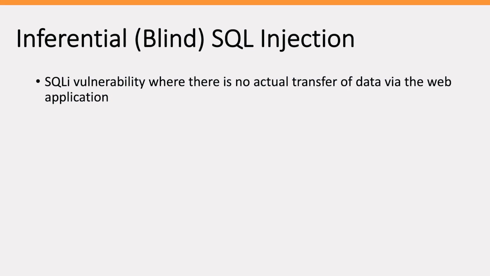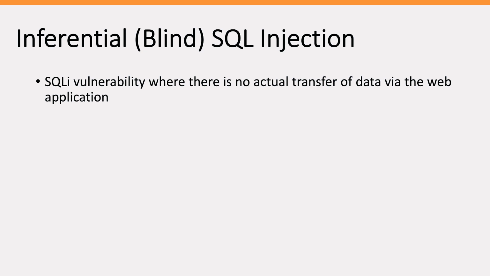So unlike in-band SQL injection, where we directly saw the output of the SQL injection displayed for us in the application, in the case of blind SQL injection, the database does not output data to the web page. And so this forces the attacker to steal data by asking the database a series of true and false questions, and then determining, based on how the application responds, whether the application responded with, yes, this is a true statement, versus no, this is not a true statement.